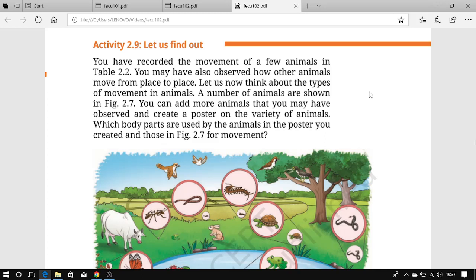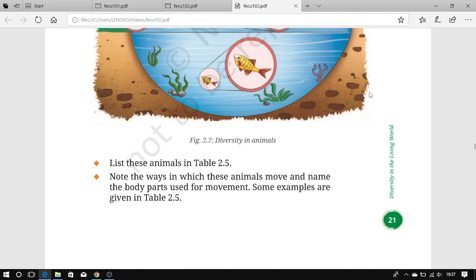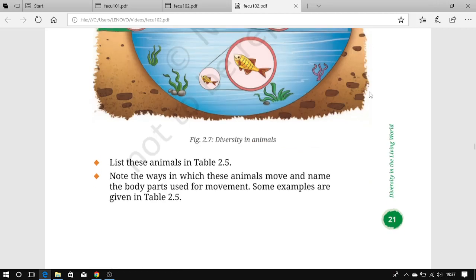Which body parts are used by the animals in the poster you create, and those in Figure 2.7, for movement? So you will be shown a picture, and you will create a diagram of one animal, and you will participate in your quiz competition.